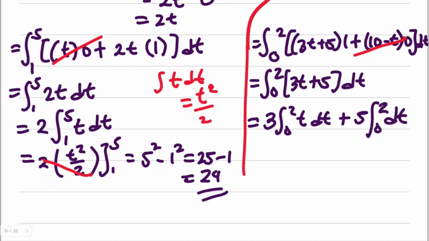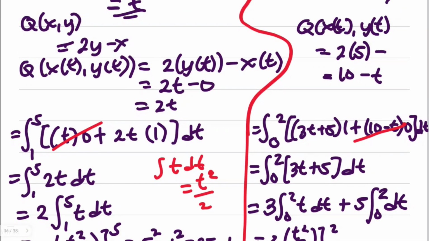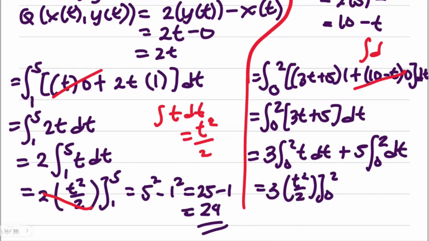So your t will follow this one. So we will have here 3 times t squared over 2 from 0 to 2. And you know that the integral of dt is just t itself. This we have here plus 5t from 0 to 2.